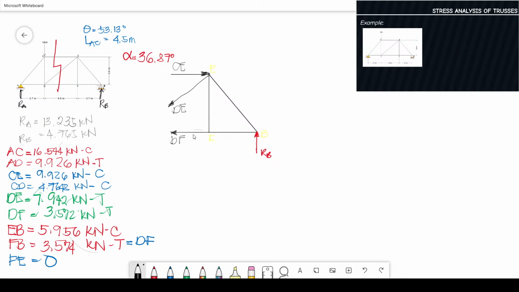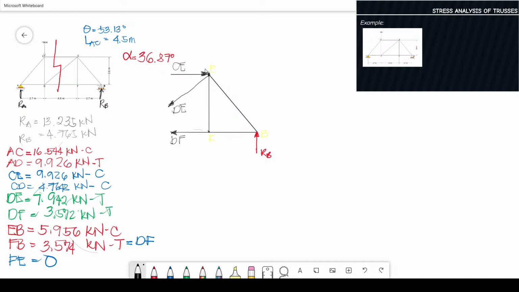DF. Okay, so where should we start? If we are to use summation of moment equals to 0, where is it more preferable to take moments? It is more preferable to take moments where many forces intersect. Once we take moment at that point, those forces disappear from the equation, because they have no distance, since that is their point of intersection.